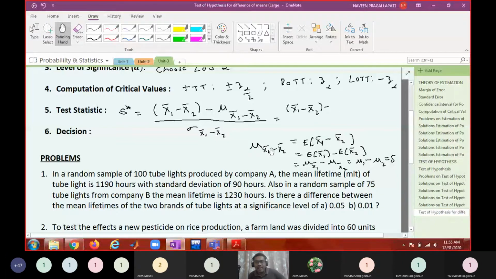If you want to, on some place in your notes, you can write down all this stuff. I will simply write here delta. Did you copy these steps? Yes, sir. Shall I clear? Yes, sir. Sir, just a second, sir.